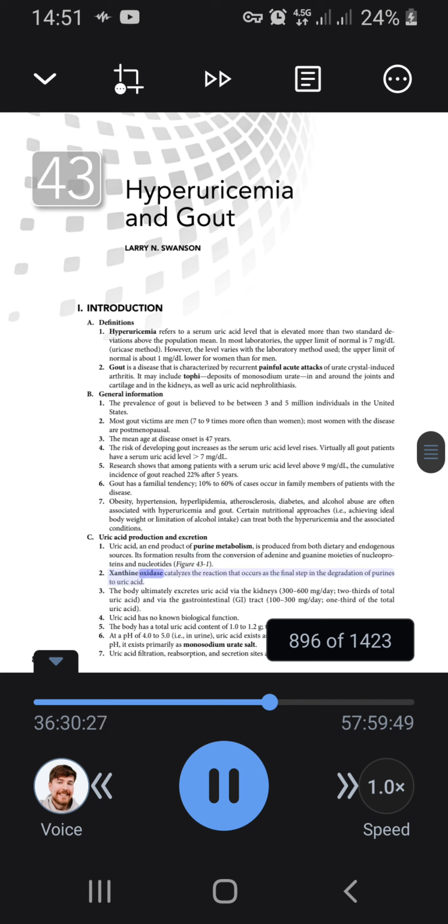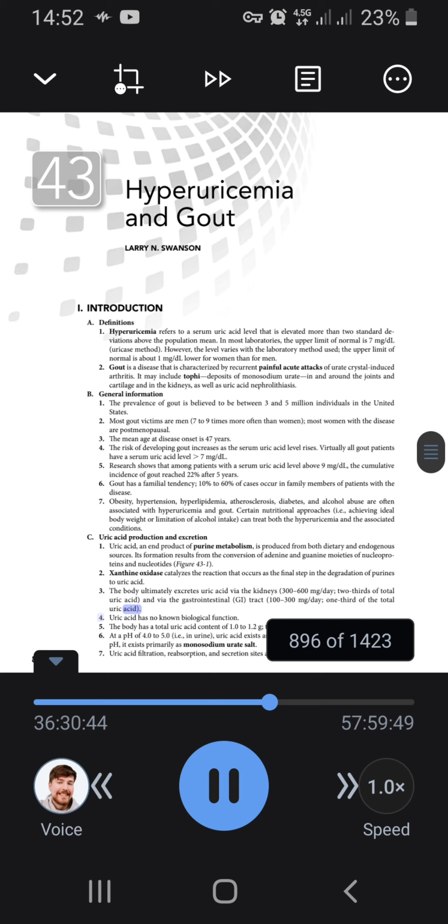Xanthine oxidase catalyzes the reaction that occurs as the final step in the degradation of purines to uric acid. 3. The body ultimately excretes uric acid via the kidneys, 300 to 600 mg a day, 2/3 of total uric acid, and via the gastrointestinal tract, 100 to 300 mg a day, 1/3 of the total uric acid.